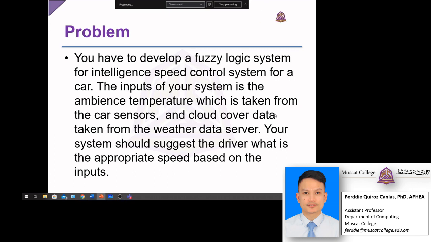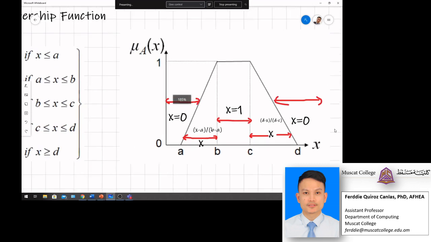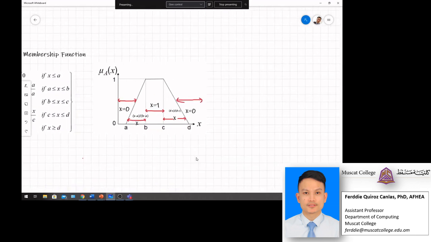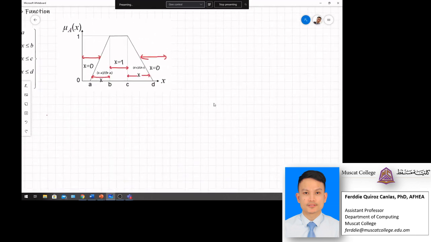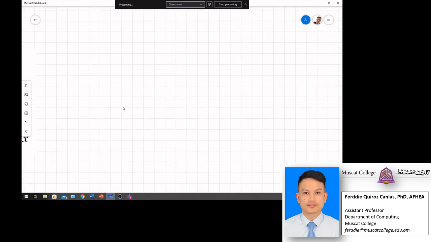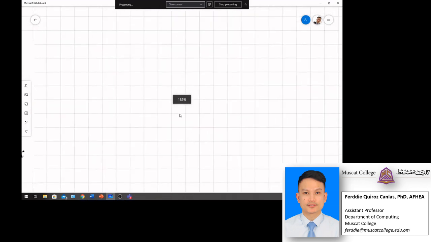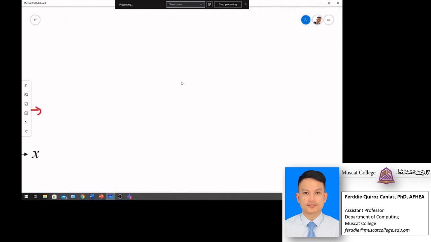Let me draw the diagram so that you could have a grasp of the problem given. So this is the problem. Let me illustrate it to you.